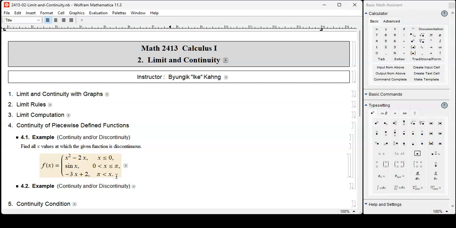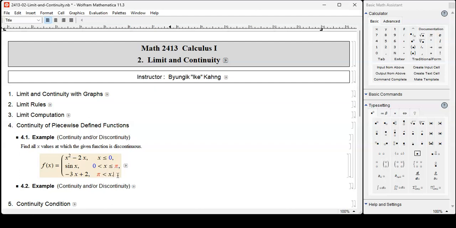Where can I have that breaking behavior? At exactly two possible places. X equal to 0, where we have the break between the first line and second line, or x equals pi, between the second line and third line.